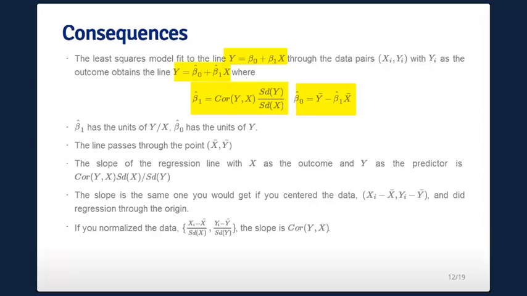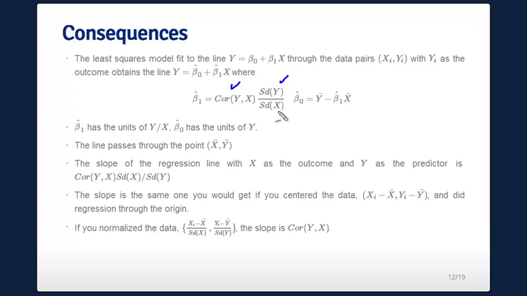Notice, by the way, the units work out right. The correlation is between minus 1 and plus 1, a unit-free quantity.